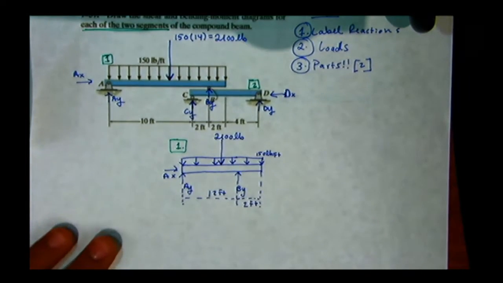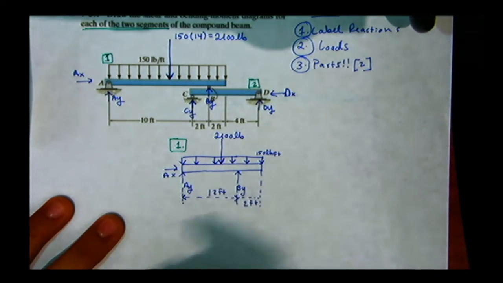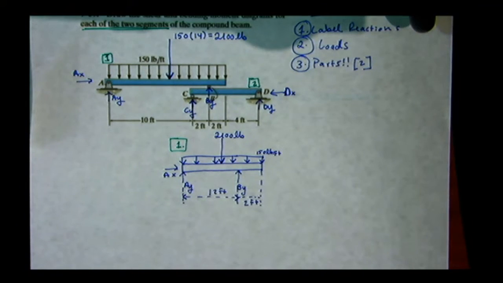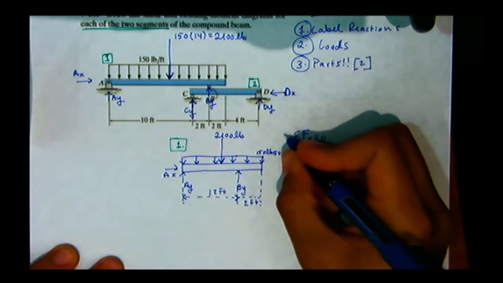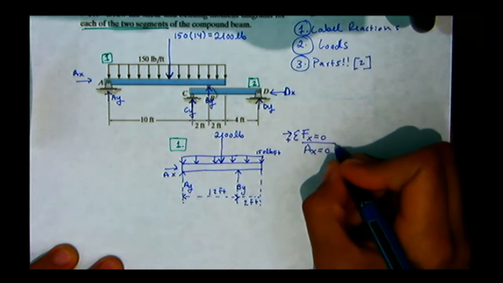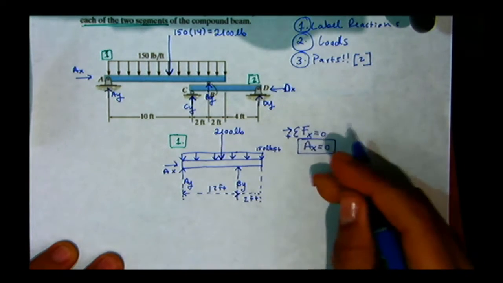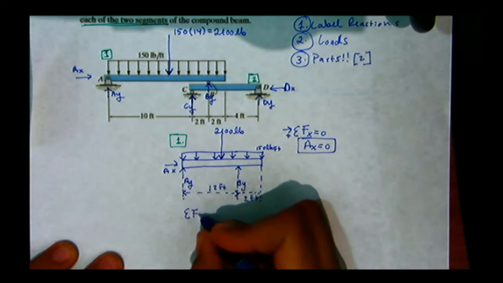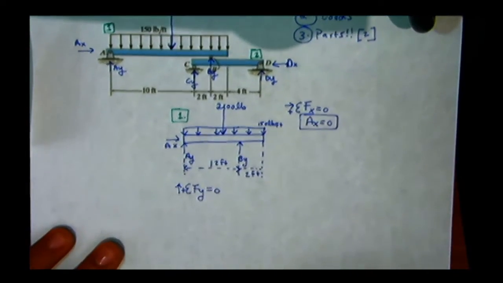Okay. Forces about the x. Ax is equal to 0. Summation, well, let's put it down here. Summation of forces about y. We have Ay minus the 2100 plus By.